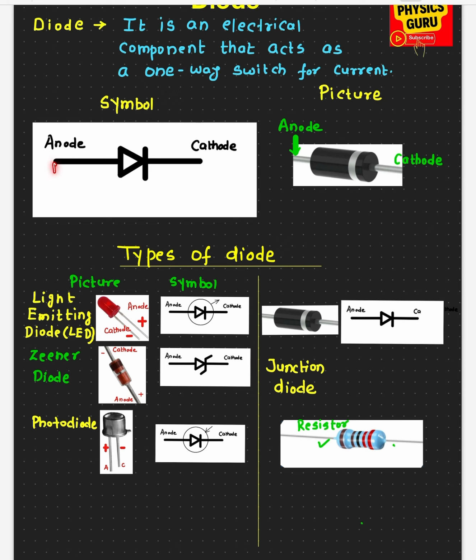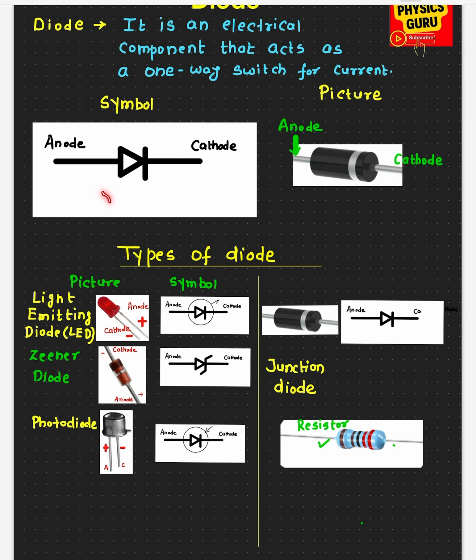So when this anode is connected to the positive terminal and this cathode is connected to the negative terminal, only then we get the current. Okay, and now if the anode is connected to the negative terminal and the cathode is connected to the positive terminal, we won't get any current in this circuit. And we'll talk more about the forward bias and the reverse bias in just a minute.